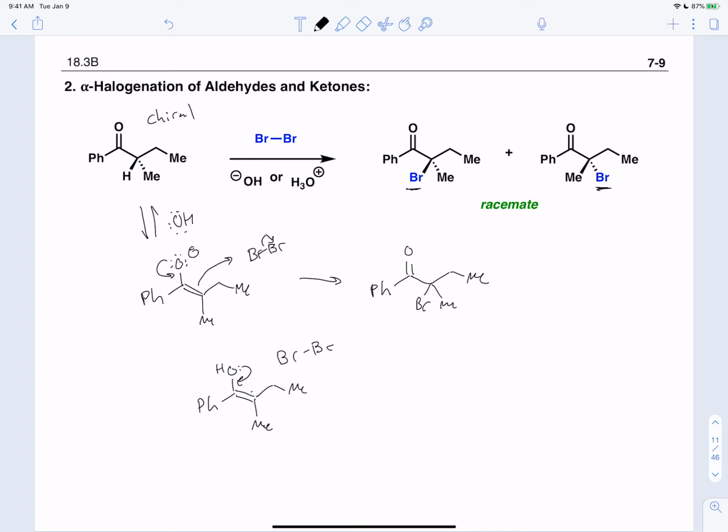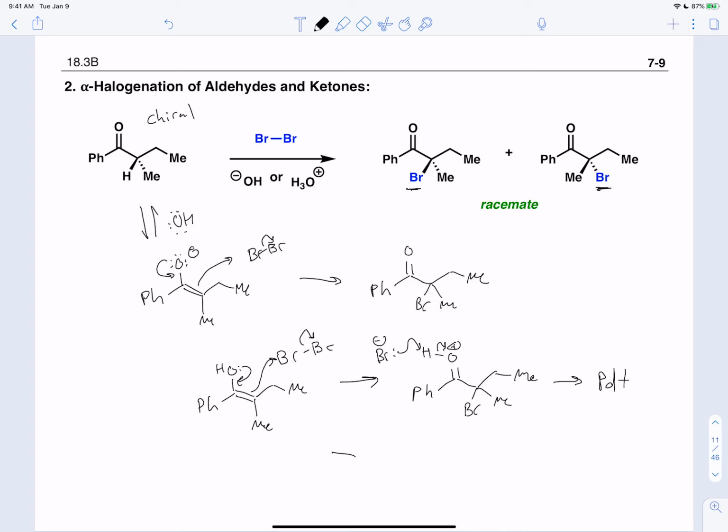You can draw this as the enol directly attacking the bromine to give a protonated carbonyl intermediate first. And the bromide anion will be able to deprotonate this hydrogen to regenerate the acid to make the product.